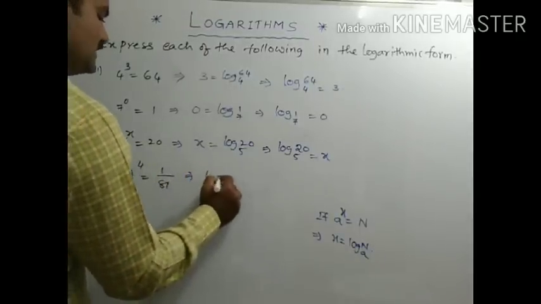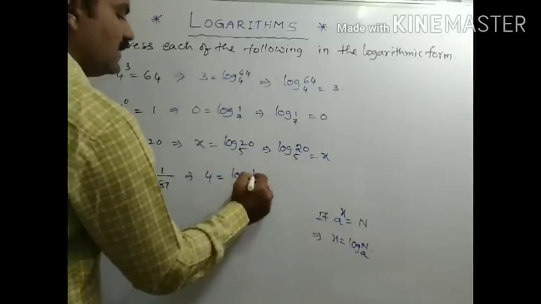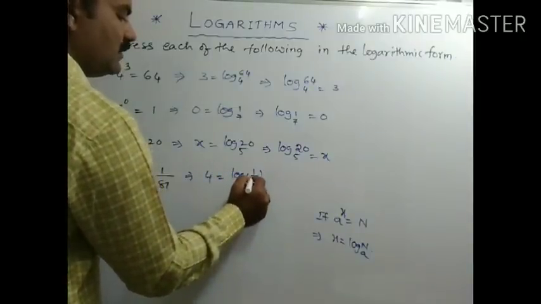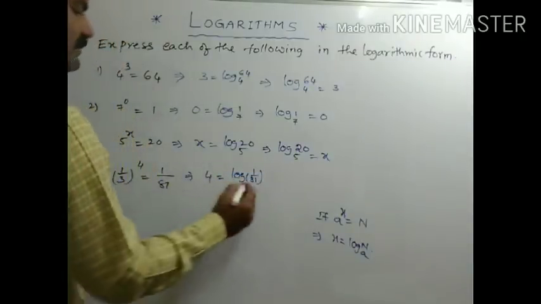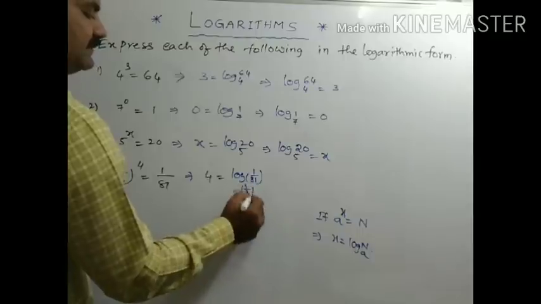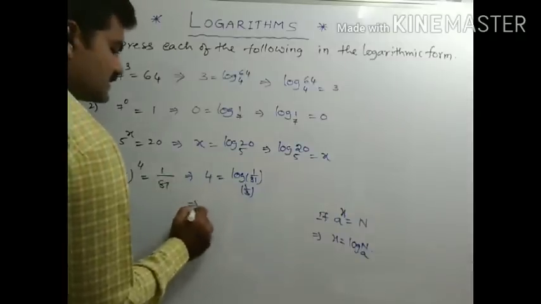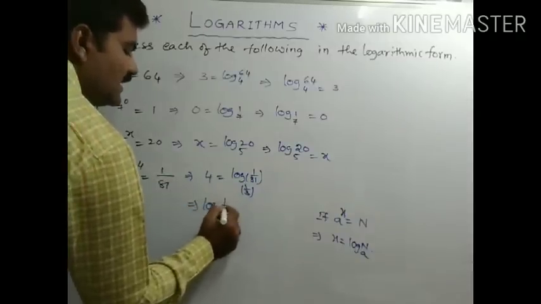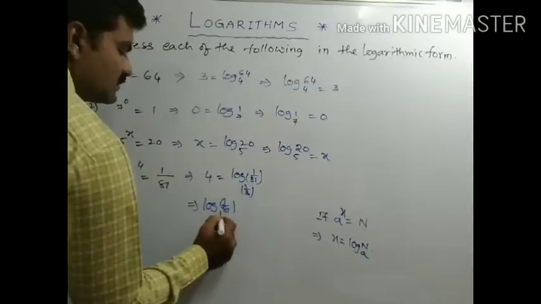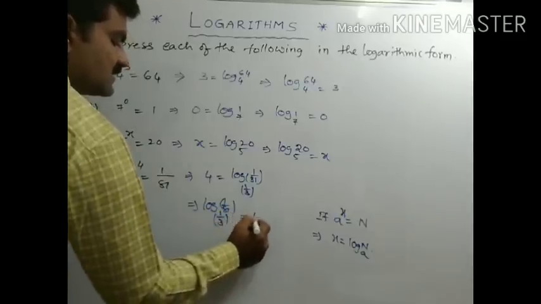So 4 is equal to log 1 by 81 to the base 1 by 3. So we can write it as log 1 by 81 to the base 1 by 3, which is equal to 4.